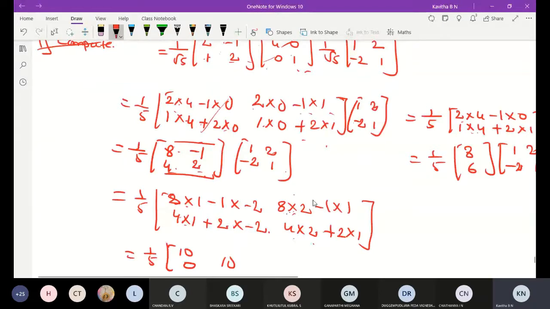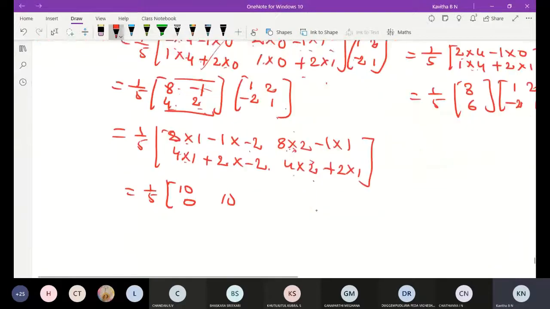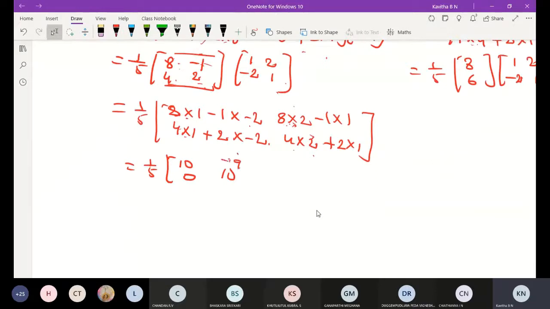Then 8 into 1 minus 1 into minus 2. Next is 8 into 2, then minus 1 into 1. Okay, here we want the diagonal matrix. Minus 9, I think, correct. Okay, correct.